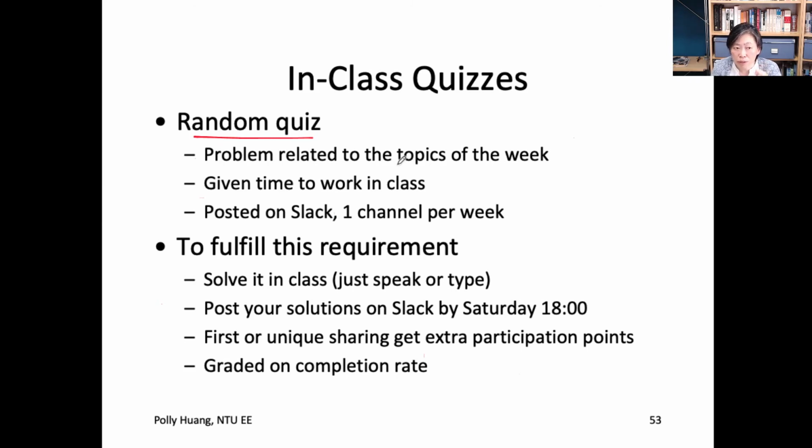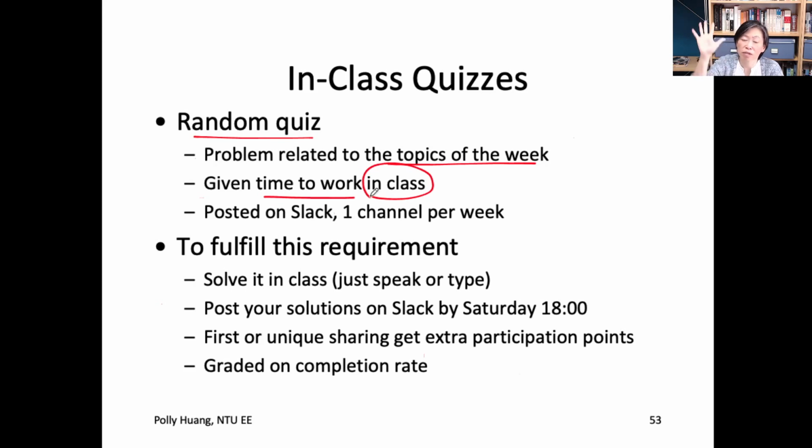So quizzes are related to the topic of the week, and you'll be given time to work in the class. You need to try to find your team and start brainstorming and talking to each other, and then working on solving the problem and checking with each other whether you are right. And Poly is going to announce, provided the time, and say, all right, time up. Let's see what you guys have come up with.